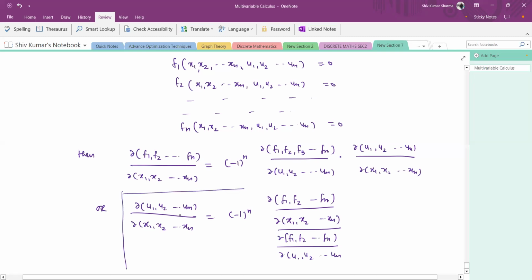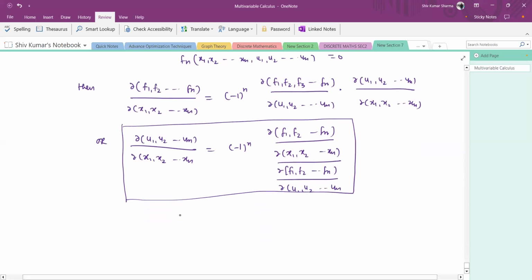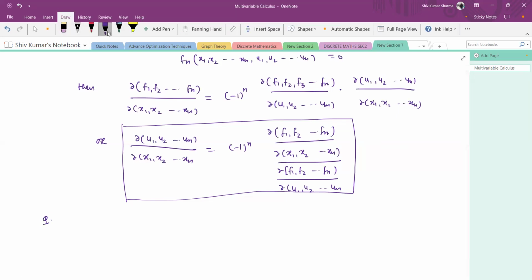Okay, so this is the general case when we have n variables with respect to n independent variables. So we take problems related to that, so you can understand easily how to use this.